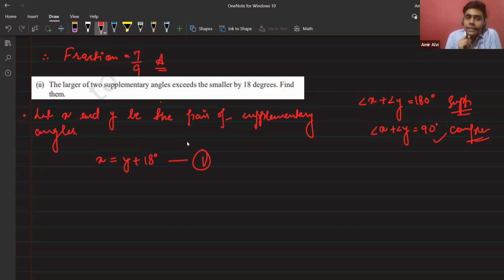The question is saying that the larger of two supplementary angles, suppose we have assumed that x and y are the pair of supplementary angles, yes or no? Yes, sir. It's saying that the larger angle is exceeding the smaller by 18 degrees, which means that the larger is greater than the smaller angle by 18 degrees.